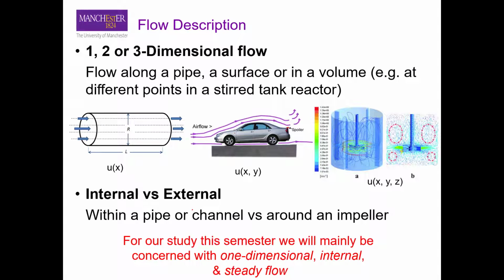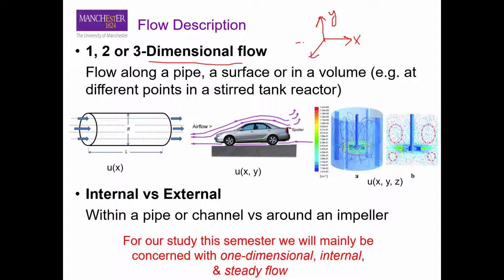We can also have flows in different directions. For example, we can have 1, 2, or 3 dimensional flow, and here this word dimension is not related to units and dimensions. Here what we mean is dimensions as in 3 different directions: the x direction, the y direction, and the z direction.